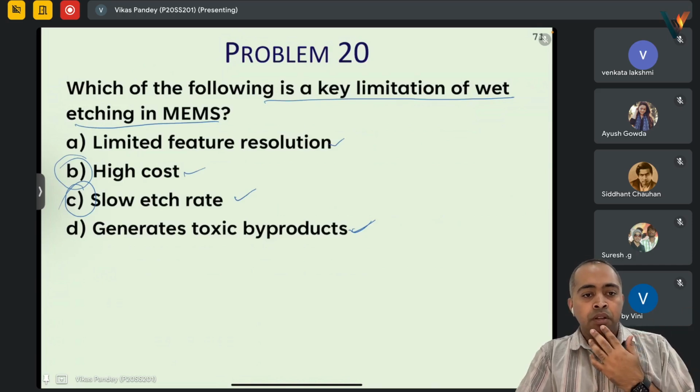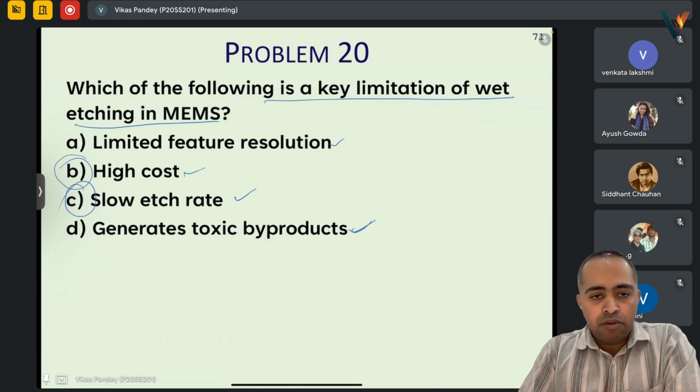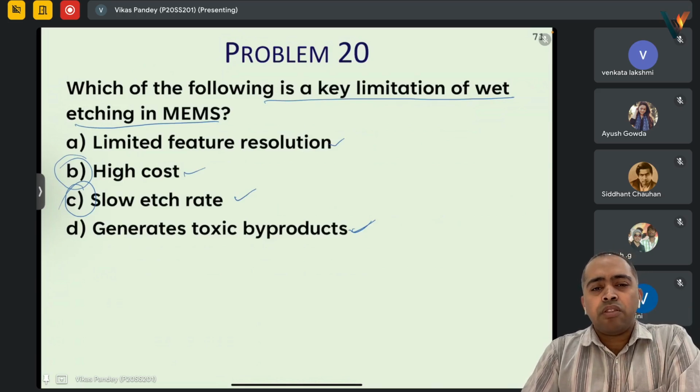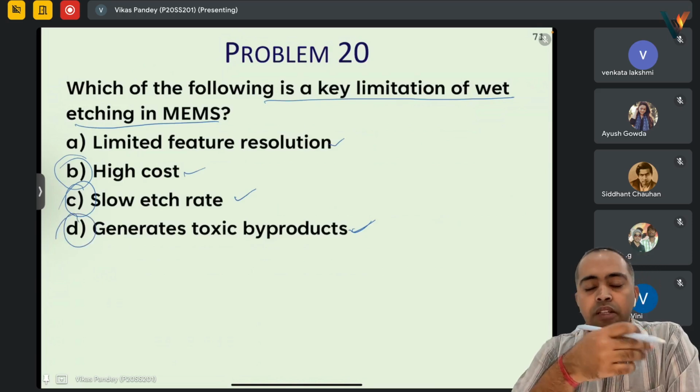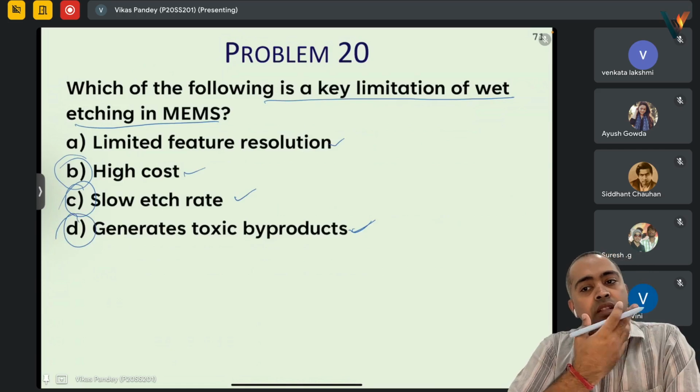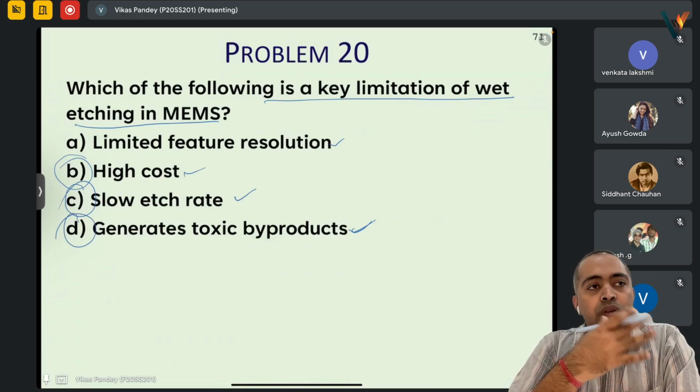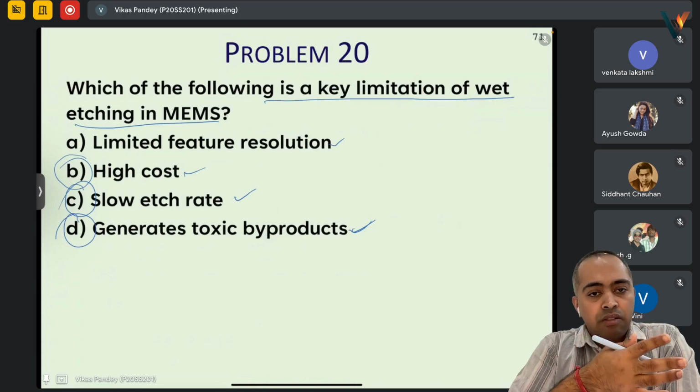So slow etch rate cannot be it. As well, most of the byproducts are not that toxic compared with dry etching, like xenon difluoride, which itself is toxic in nature.